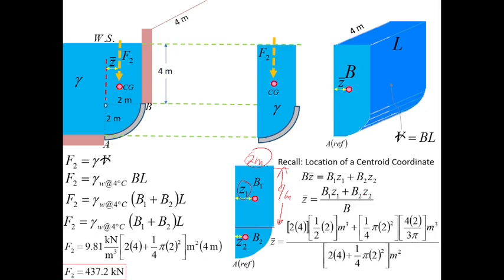Next, we have B2. This is 1/4 of pi r squared, the area of our quarter circle.